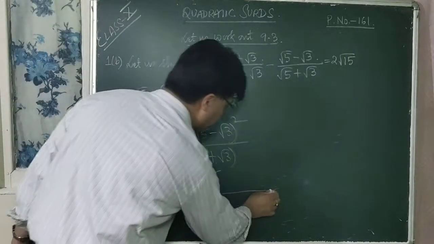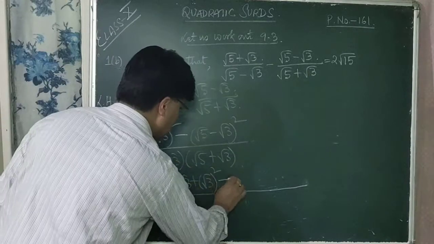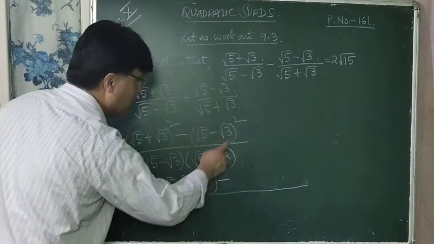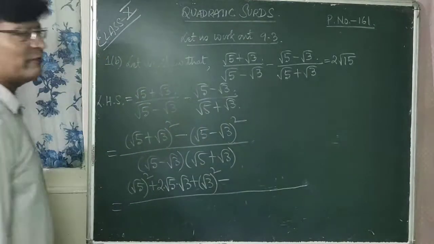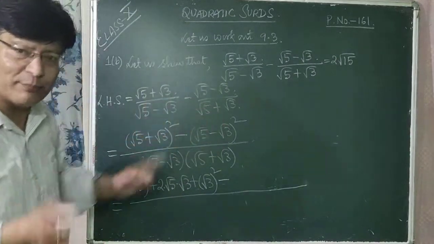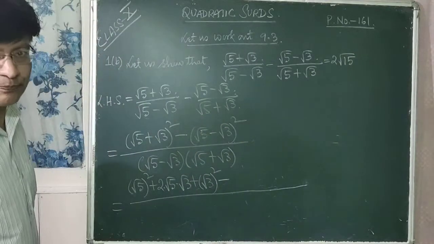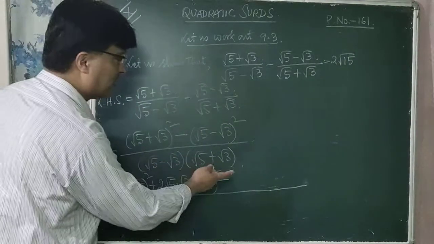Is it clear to all of you? Minus, since there is a minus sign here, let us write down the simplified expression of root 5 minus root 3 whole square within bracket. Since there is a minus sign you have to change the sign also.